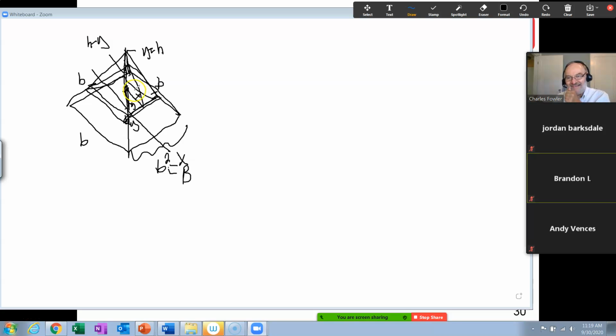Now, what good is that? It's got to be of some good here. You need to get x as a function of y so you can plug in, because you're doing dy's here. So you need the area.